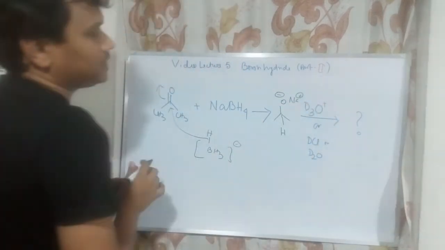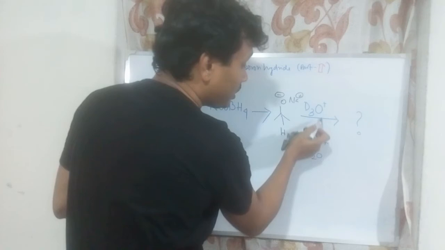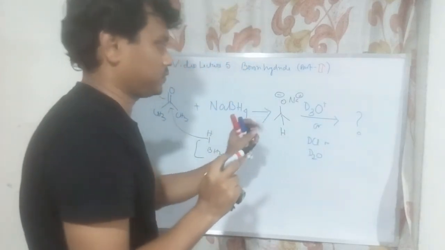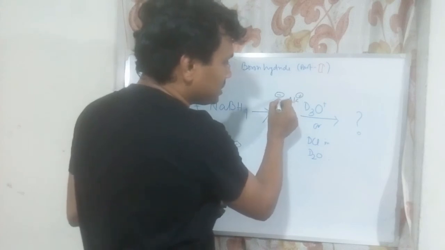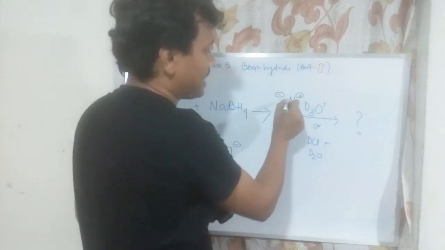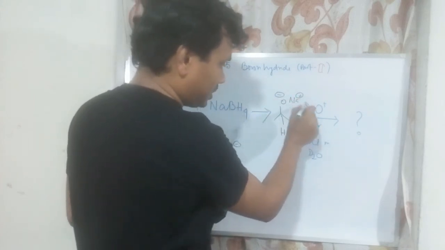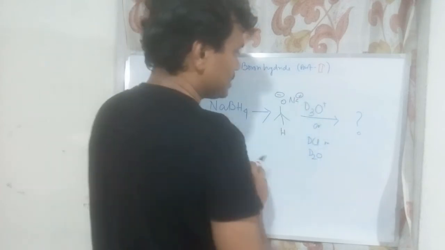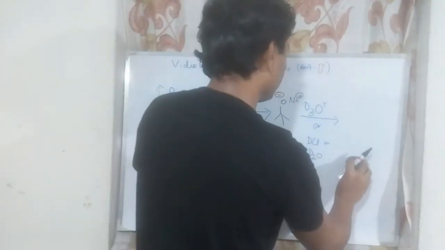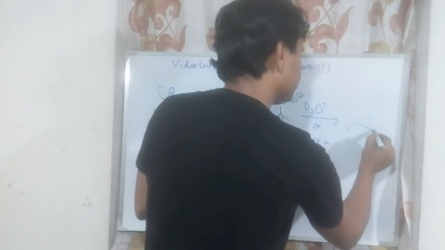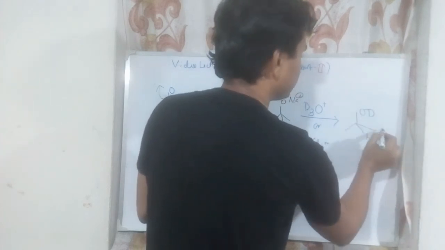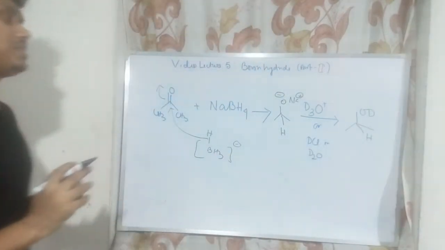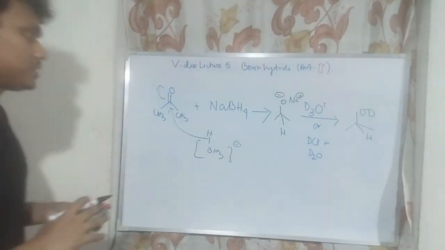Now when you are putting acid, that is a deuterated acid, you must be careful here. Then this alkoxide will be hydrolyzed and it will take deuterium from the solution, and the product structure will look like OD. Okay, I guess this question is pretty simple.